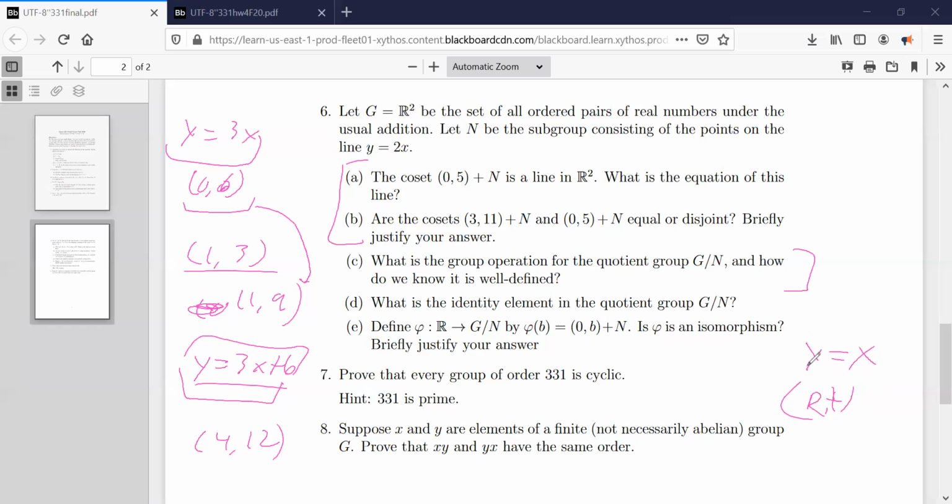What is the identity element for this quotient group? Well, for this quotient group, it was just anything that was mapped to it by this line.